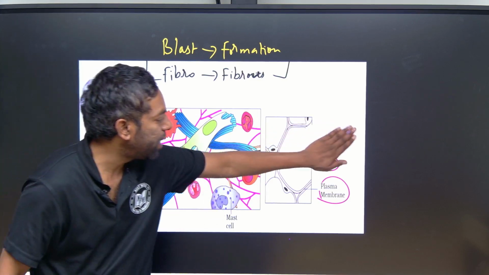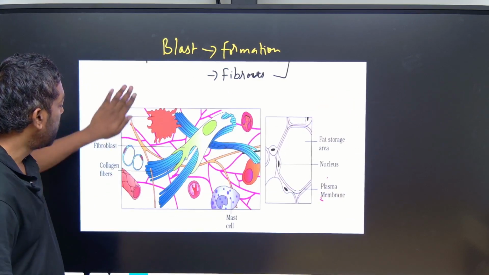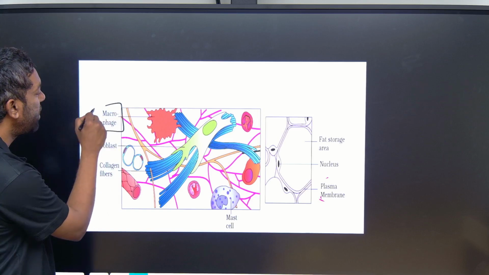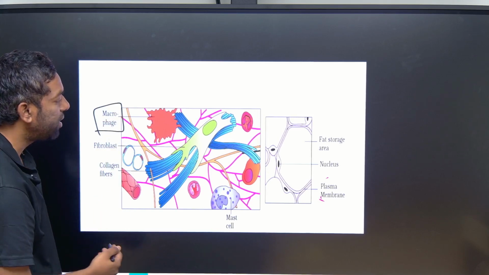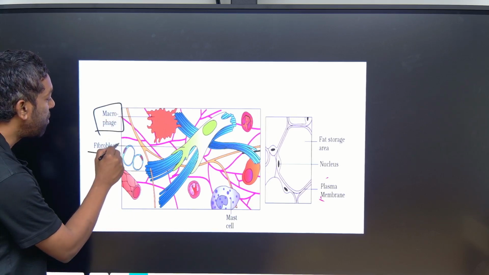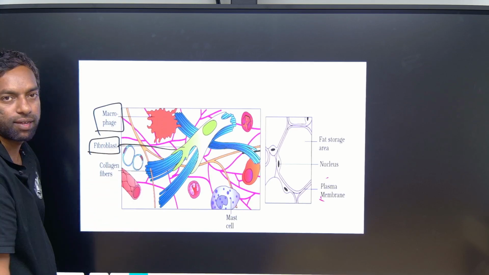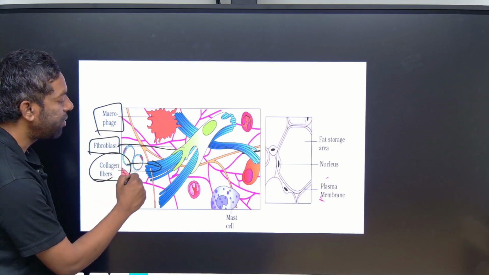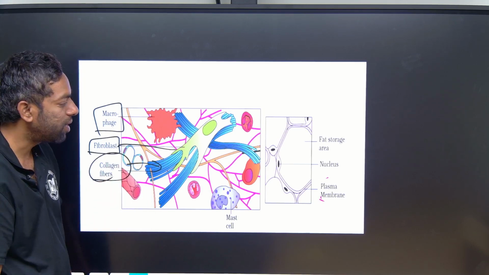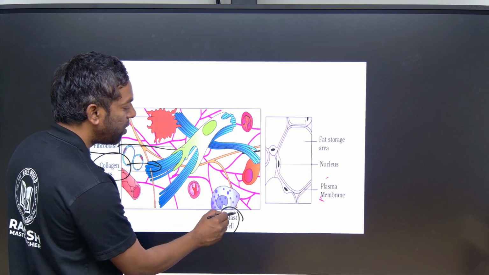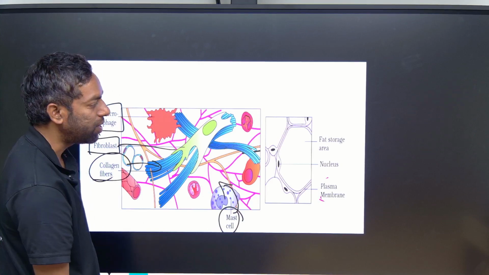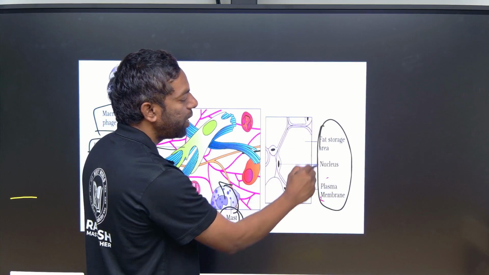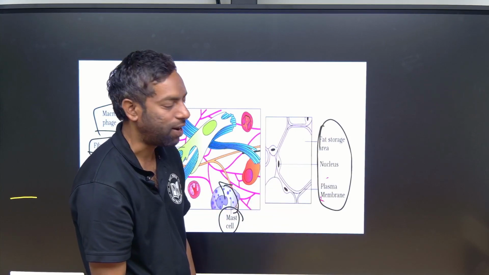So in this connective tissue we observe different kinds of cells. Macrophages give the defense and immune mechanism. Fibroblast cells and collagen fibers give mechanical strength. Mast cells are involved in immunity and defense, and fat cells are involved in the storage of fat.